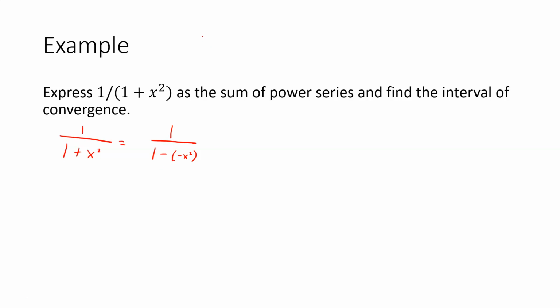So you see, in this case, we can come back to our representation where we're just taking this value of x that was in our power series of x to the n and replacing that with negative x squared, right? So if we do that here, we get the power series sum of negative x squared to the n, which in this case is just substituting in negative x squared for x into this power series here.